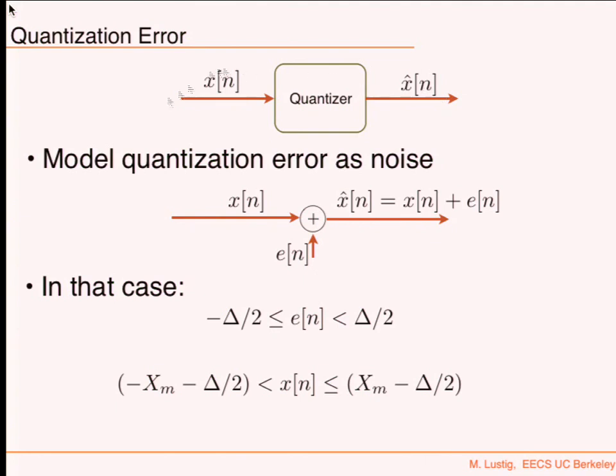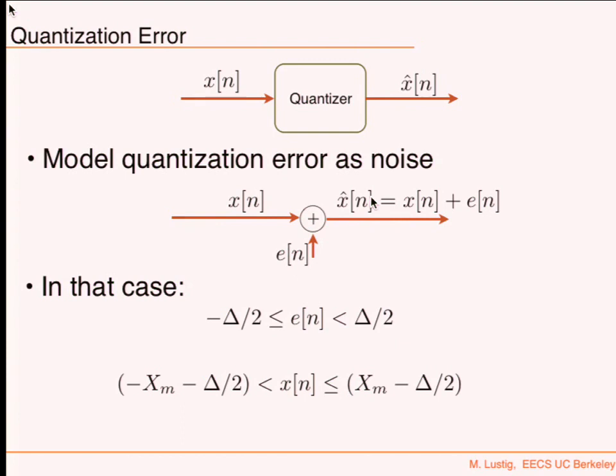We're going to model this as x of n coming in, which is accurate, and then some noise signal, which is the error between the quantized version and my non-quantized version, that is added here, that will give me the quantized signal.